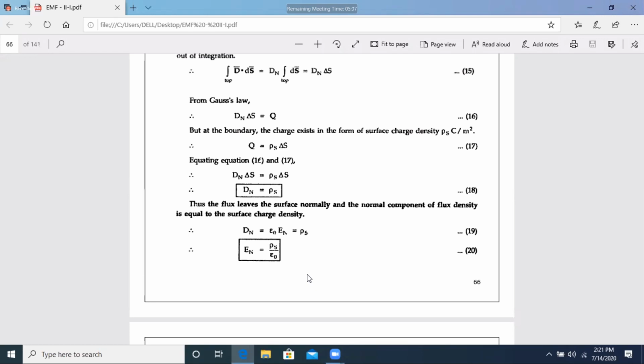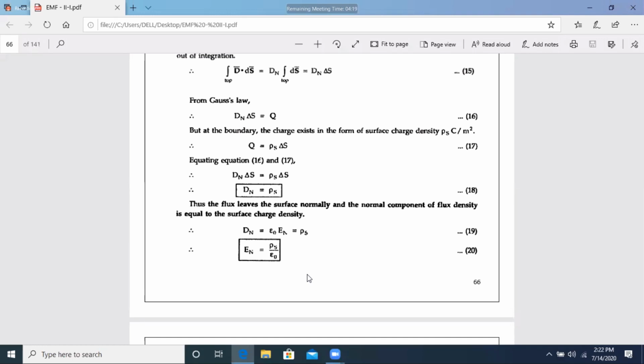So E normal 2 is D normal 2 divided by ER2 times epsilon naught. You substitute, and we are fine now.